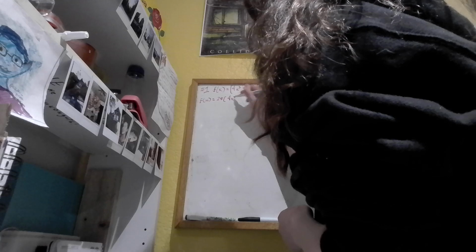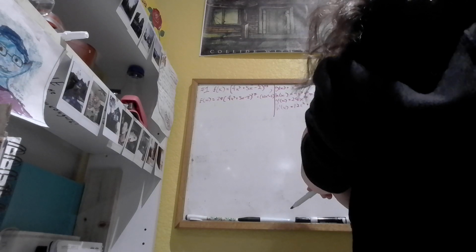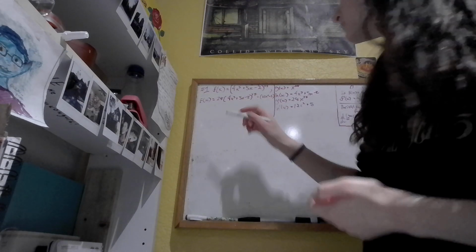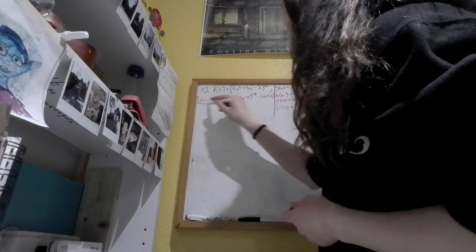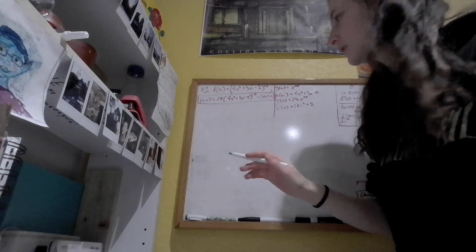So (4x cubed plus 5x minus 2) to the power of 27, multiplied by the derivative of h of x, which is 12x squared plus 5. I'm going to put a line here just to separate that. And yeah, that is the derivative of our first equation. I'm going to put a little box around it to denote that, because I don't want to expand it.